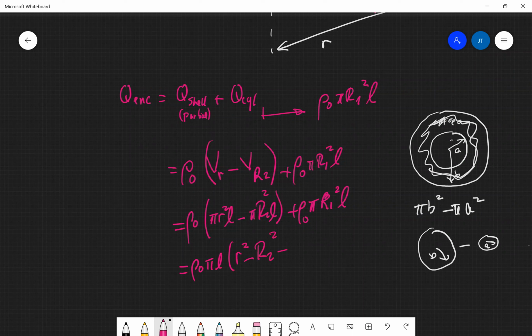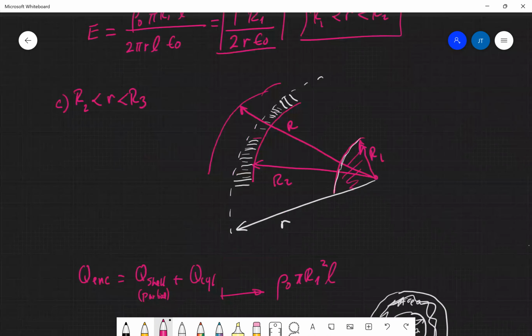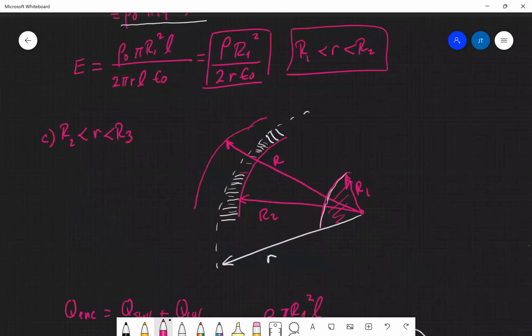So now the electric field is Q enclosed over 2 pi r L epsilon 0.